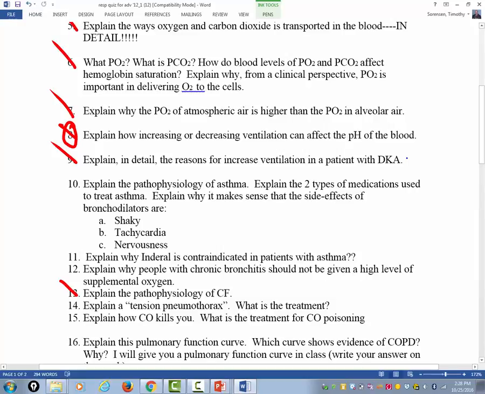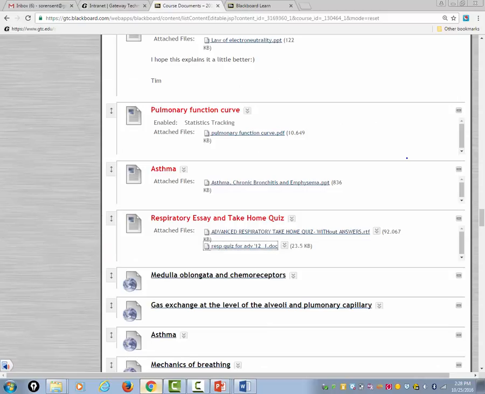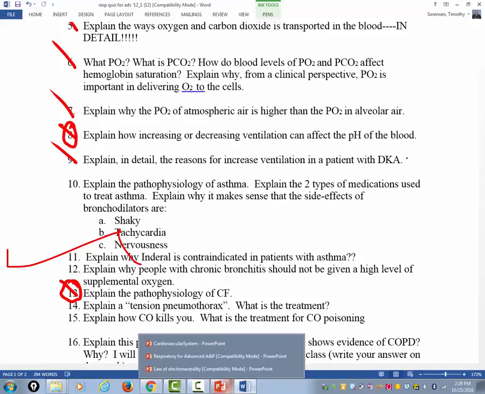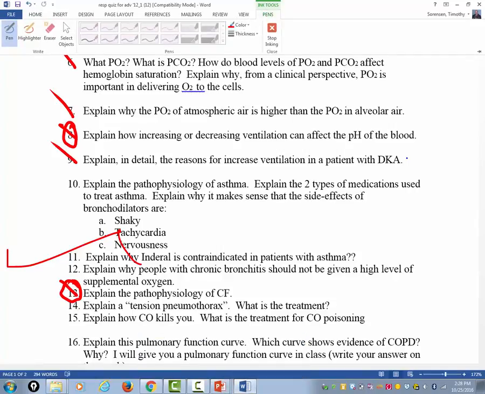I explained to you cystic fibrosis, yes? Did I explain to you the chloride? I didn't explain that to you? Okay, let's go over that one because that one's pretty quick. Let me check real quick. That's number 13. CF is cystic fibrosis. I don't know why I didn't even write that.